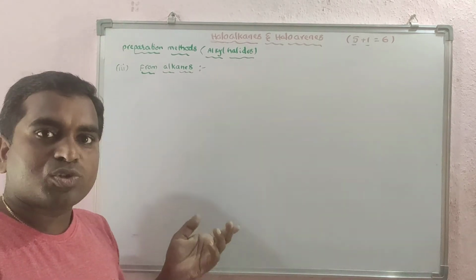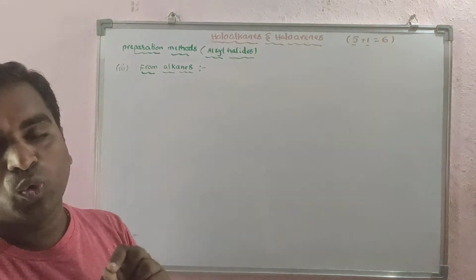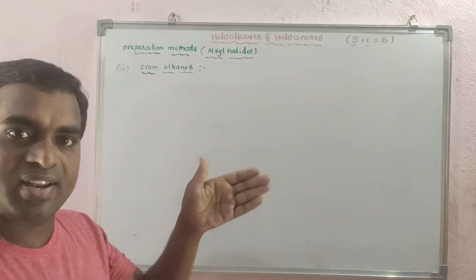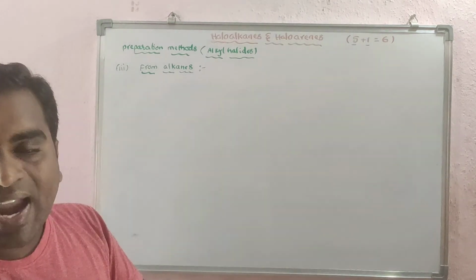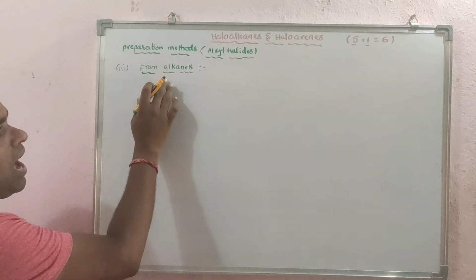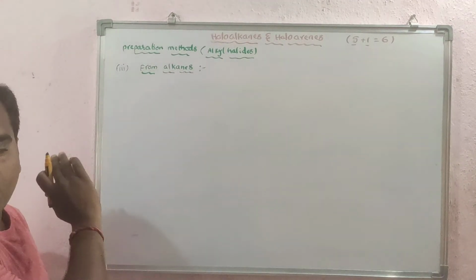Alkyl iodides also can be prepared, but you have to use some oxidizing agents. Why? That we will discuss. And alkyl fluorides cannot be prepared by using alkanes.